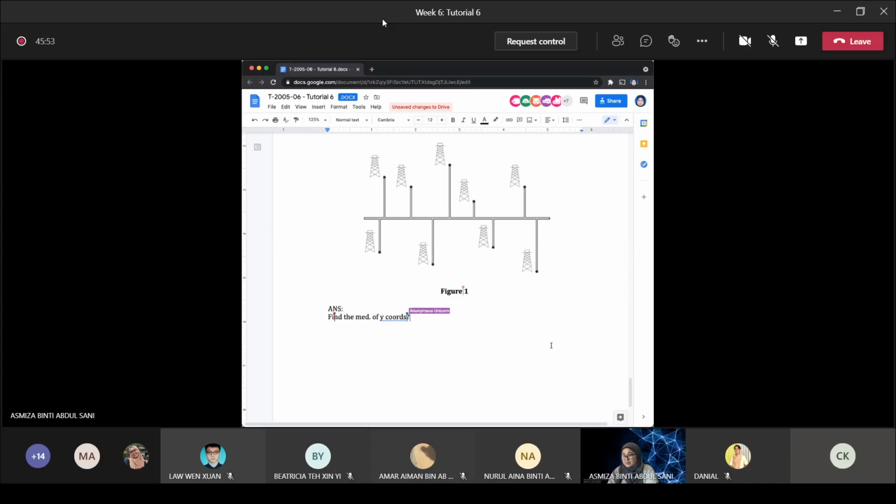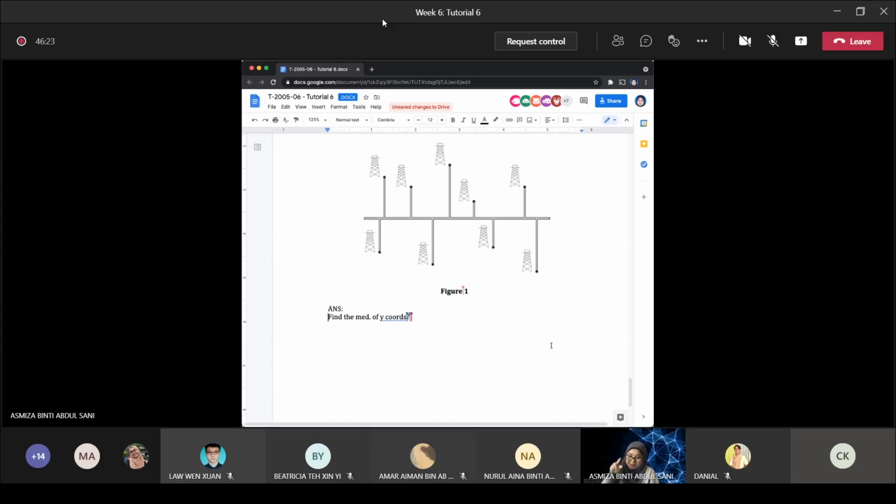Is it the y coordinates of the furthest well and the shorter, the nearest well, and then you find the median? Or is it that you find the median?